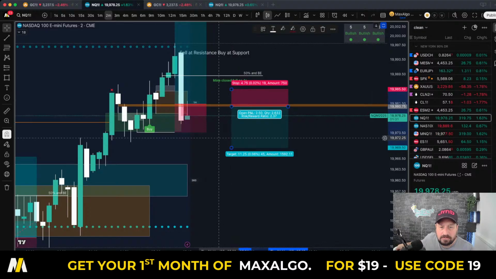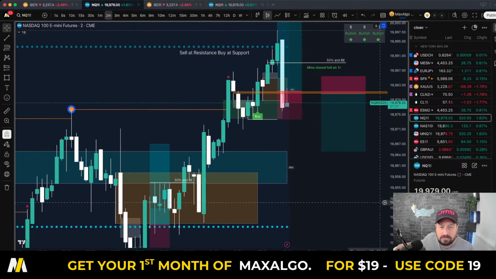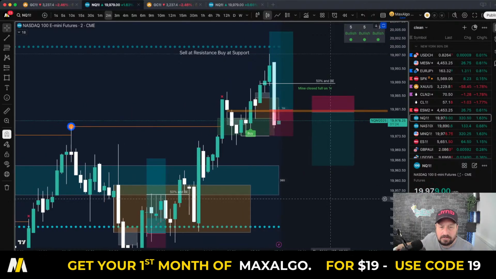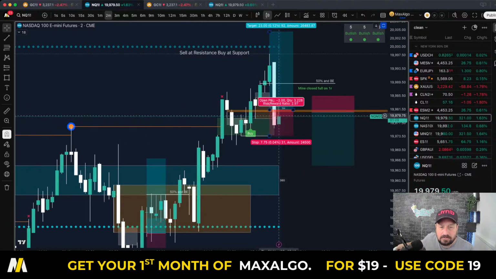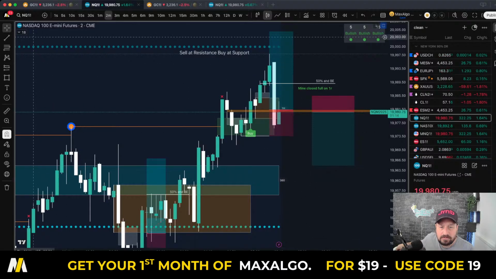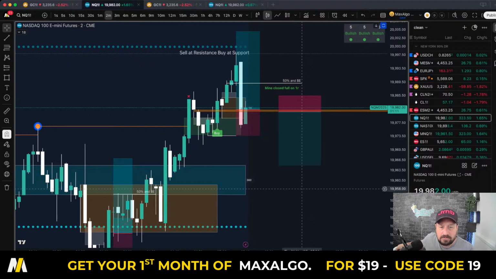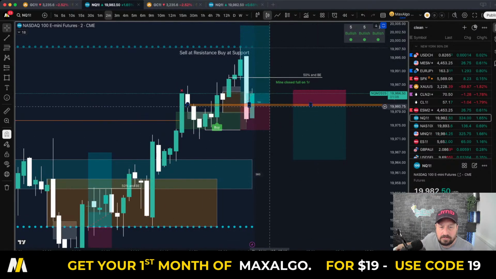You could use it as your tap in and then reversal. Now we've also got the 1 hour. So we've come up, taken the low of the 1 hour here. And that's potentially a way to trade them.